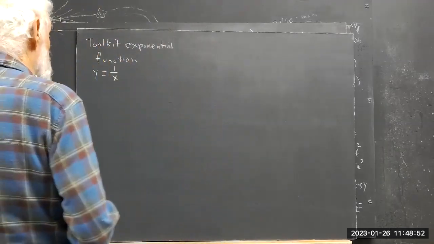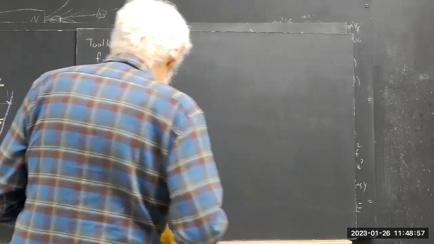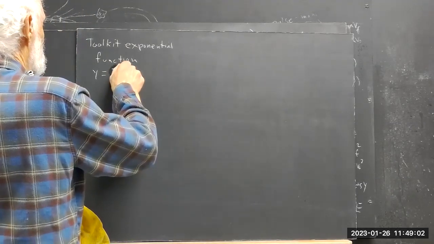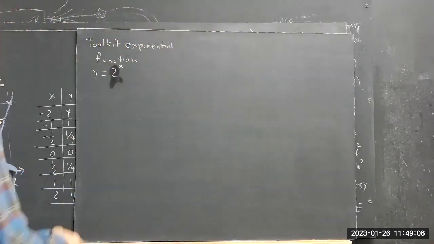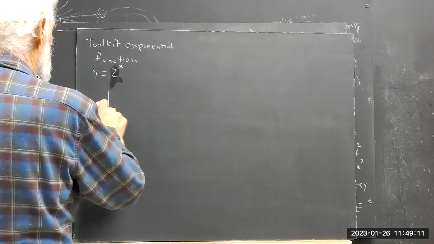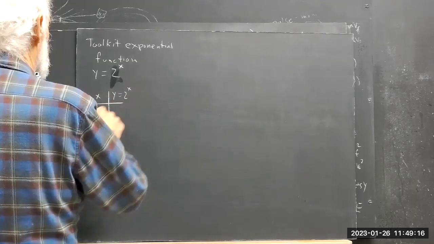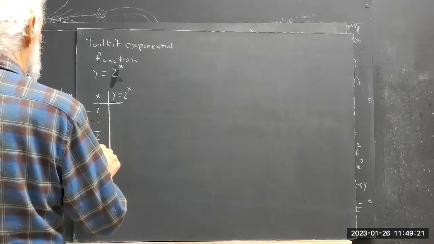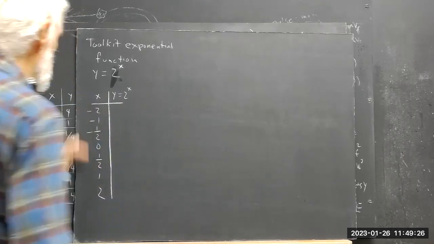I was going to do y equals 1 over x, the reciprocal function, here, decided to do it over there for good reason, but apparently the brain couldn't hold that back long enough for me to write the right function. Okay, so y equals 2 to the x. I want you to calculate these.